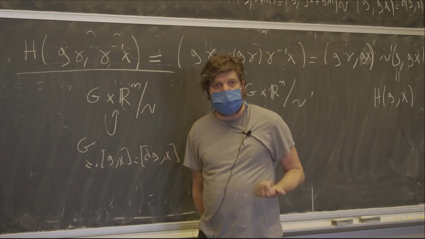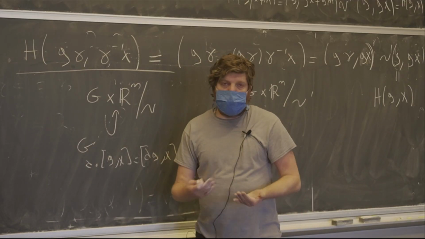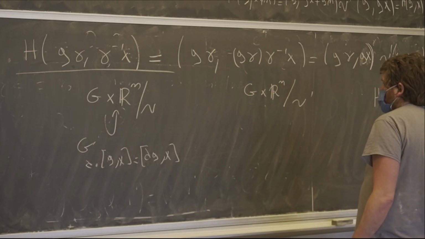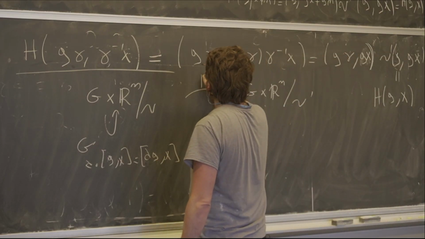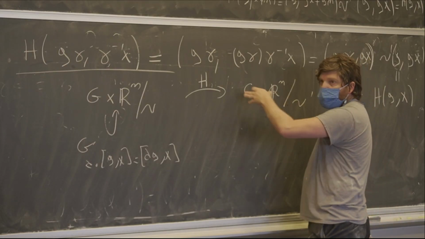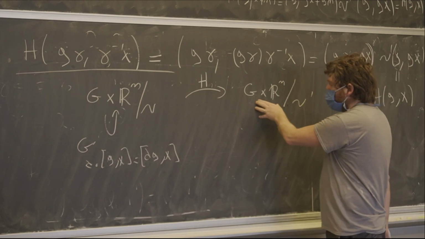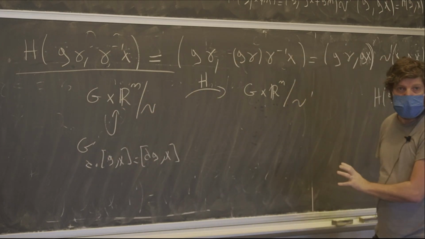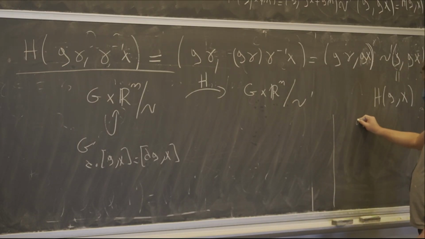If not, I don't see dynamics happen, and that's why it's hard to do computations and everything. And then I have the H map from here to here, so I can define the dynamics here by conjugation.